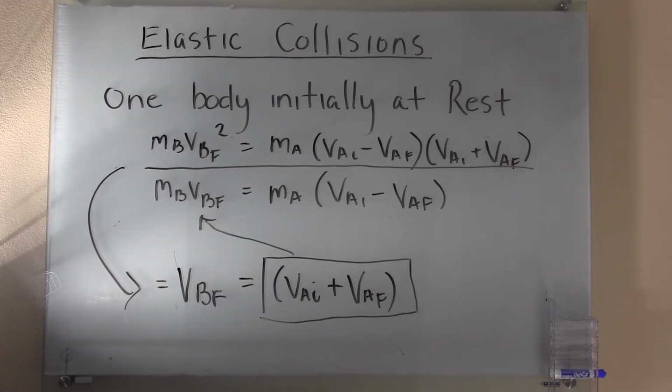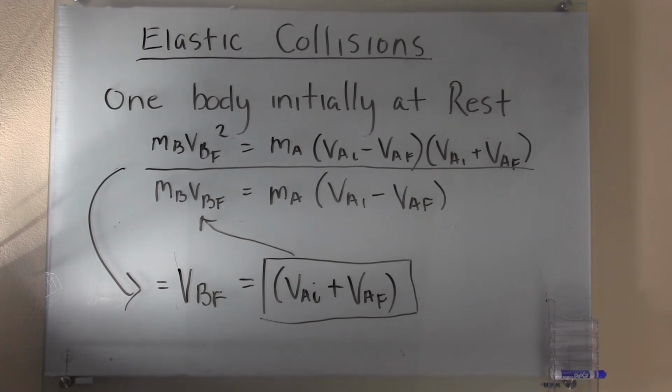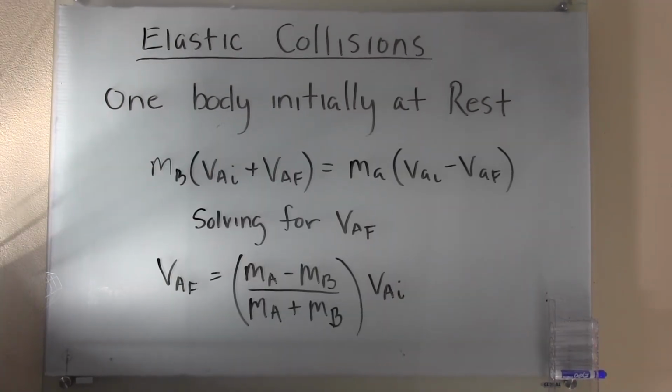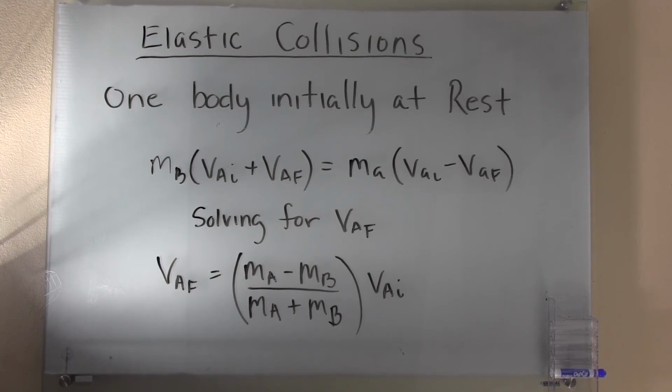My next step is to take my expression for velocity of B final and substitute it back into my momentum equation. Distributing my masses and solving for VAF gives me VAF equals mass A minus mass B divided by mass A plus mass B times VA initial.